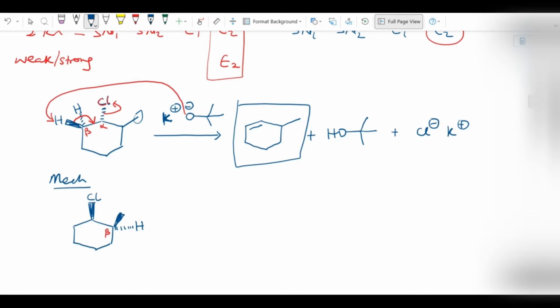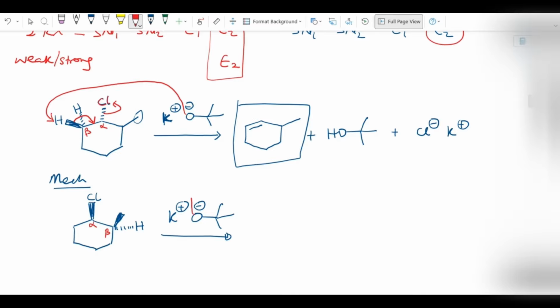Now, if you have the reverse, if this hydrogen were on a wedge and the methyl group is on a dash bond, then you will not have a reaction, because the base can only abstract a proton that is anti-periplanar to the leaving group. All right. To draw the mechanism, we'll have a base, potassium tert-butoxide.